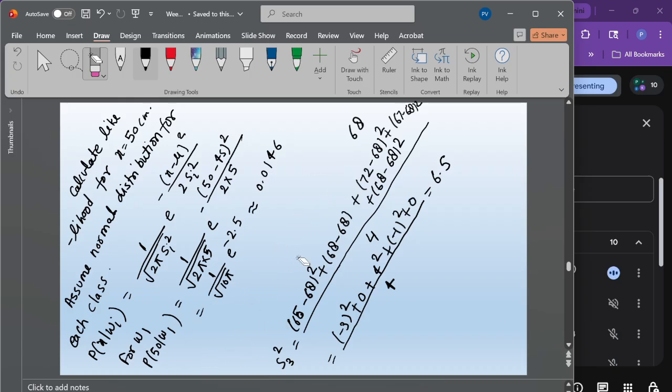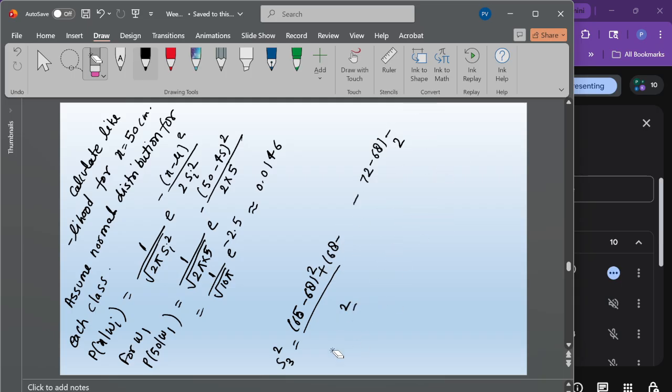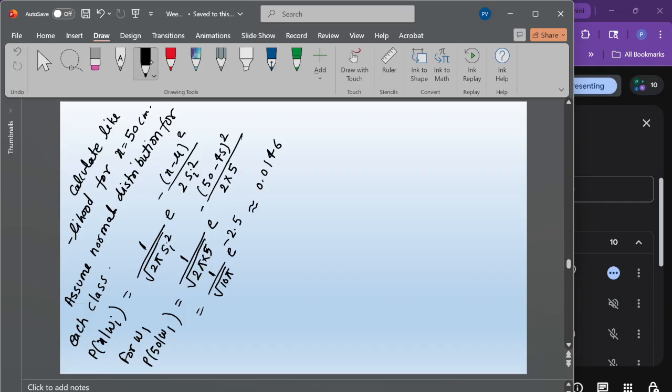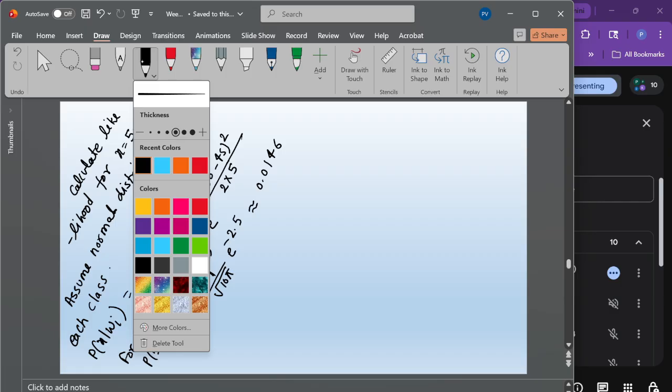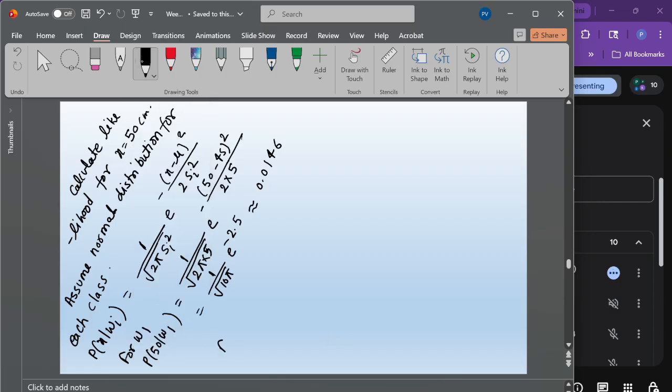So I'm just removing it from here. Okay, so for class omega 2, the probability of 50 given omega 2.